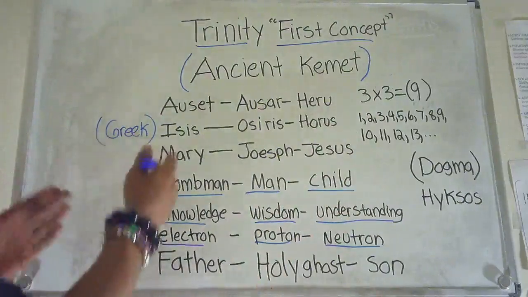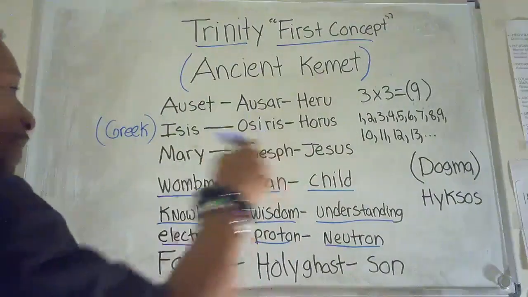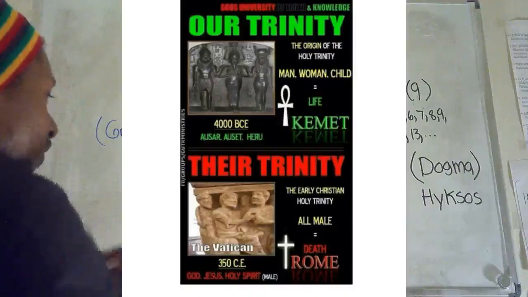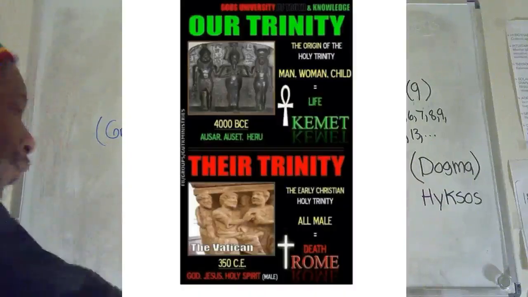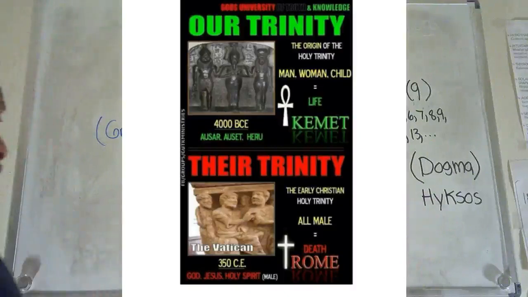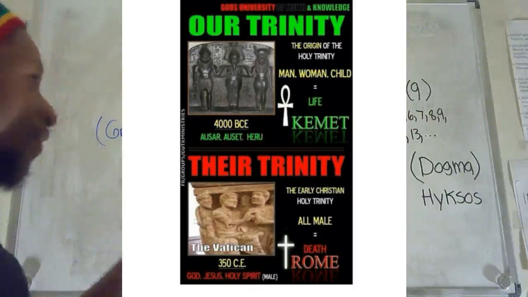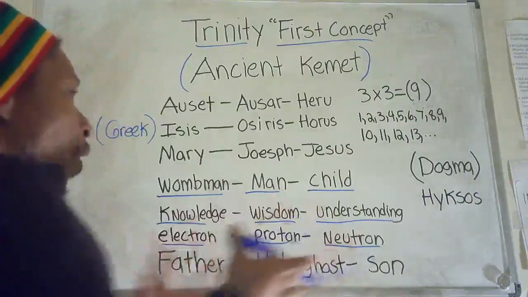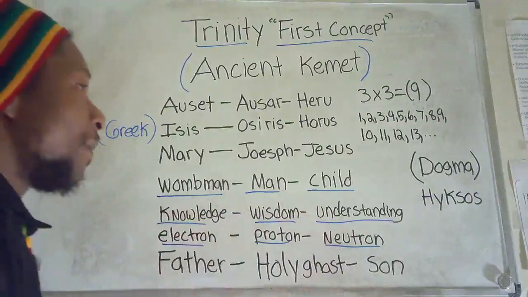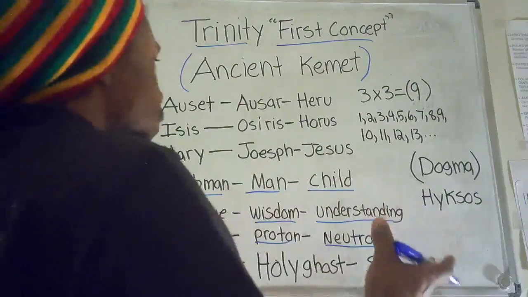And in the Roman time, you have Mary, Joseph, and Jesus, which represented woman, man, and child. Knowledge, wisdom, understanding. Electron, proton, neutron. Now that 3 is significant, what many people will see in different cultures of science, particularly in masonry.